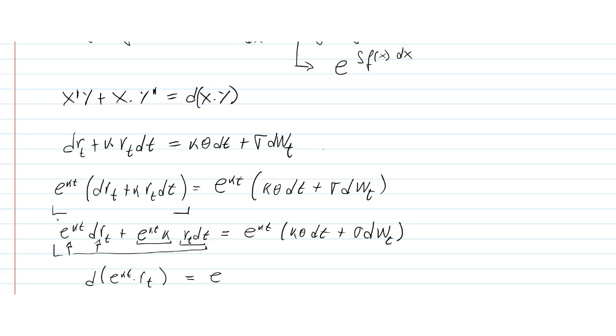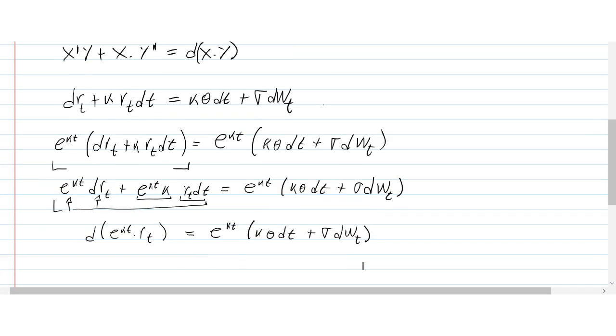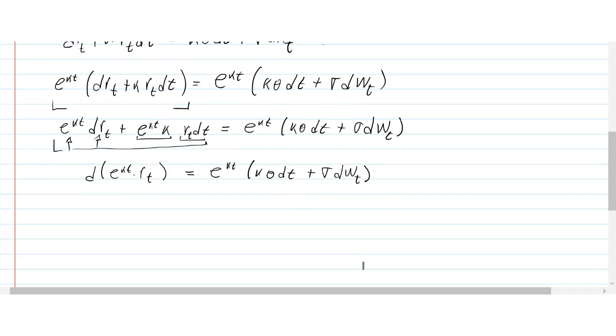So here we just got rid of one of the r's, and then we have something that will allow us to get rid of one r term. And on this side, I'm going to have something that doesn't depend on r.